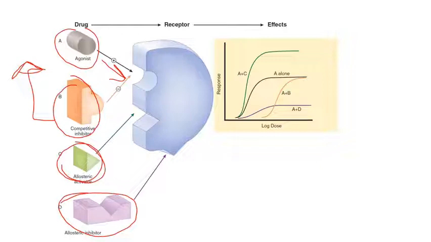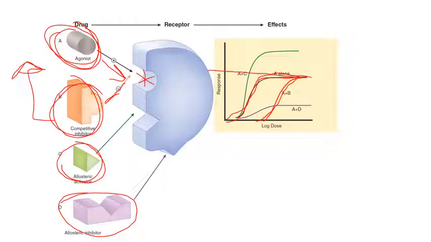For the first case, where we have only A, which is the agonist, we have this figure of dose response curve. And then if we add B, which is competitive, the figure will be this way. So we do need more of the agonist to displace the competitive antagonist from this binding site and then produce the same effect.